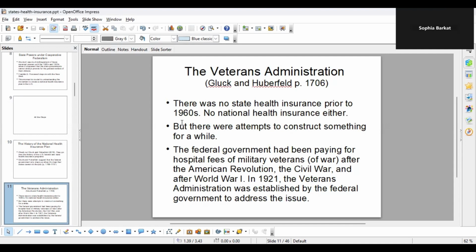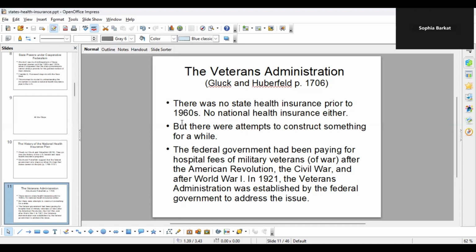If you remember the previous videos where we looked at the spikes in the level of federal government spending in the US, we saw it during the war periods, right? And so I'm assuming that some of that expense went into taking care of soldiers. In 1921, the Veterans Administration was established by the federal government to address this issue.